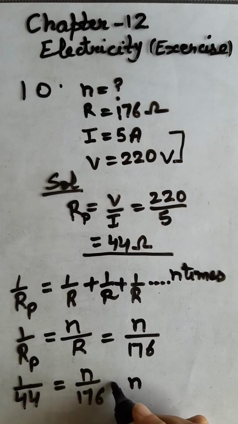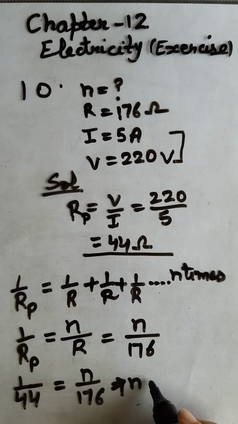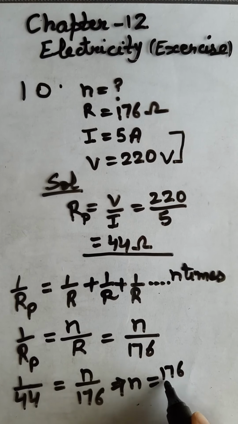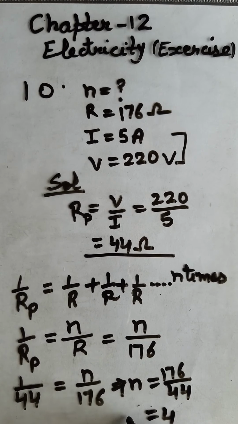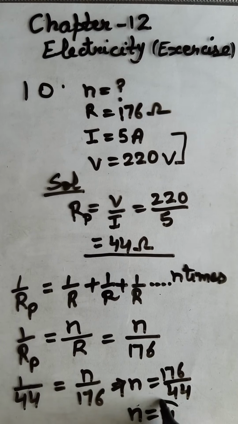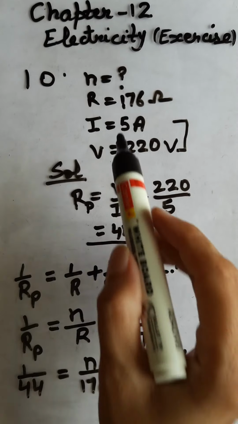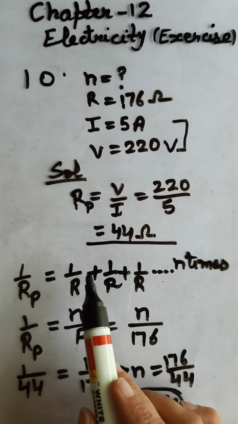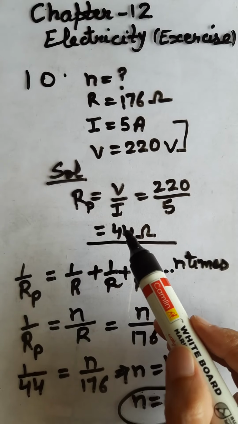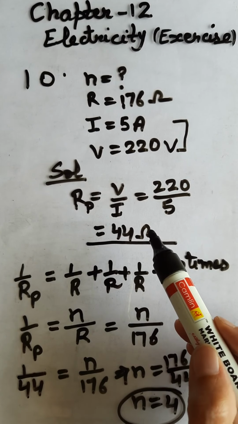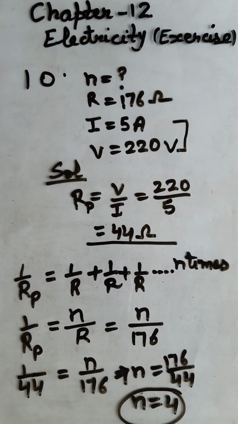So n is equal to 176 divided by 44, and that will be 4. So we have to connect 4 resistances of 176 ohm in parallel, so that total resistance is 44 ohm, and due to which the current drawn is 5 ampere.